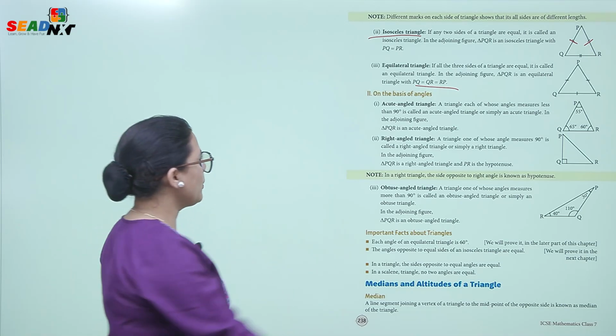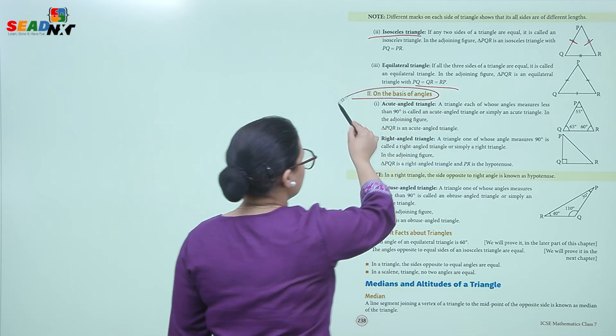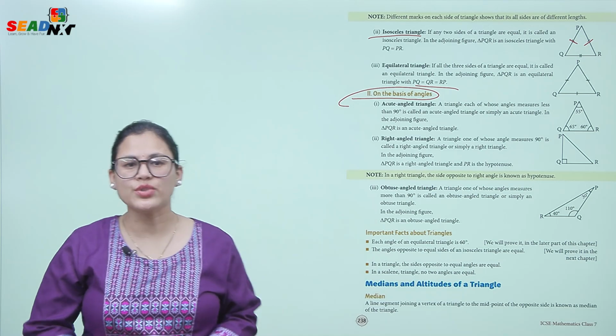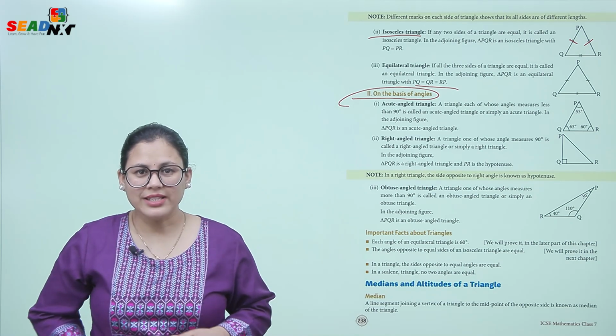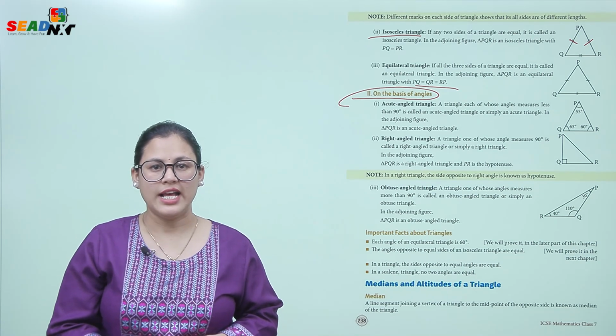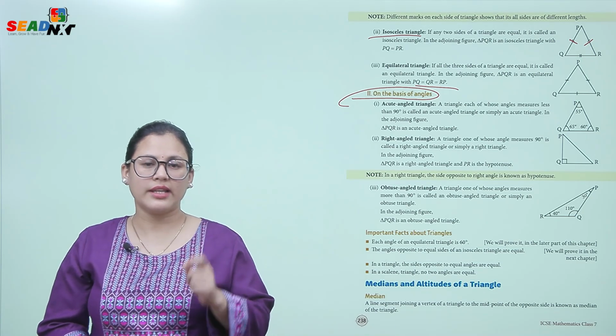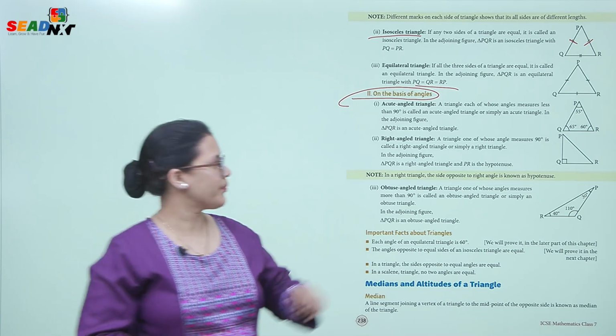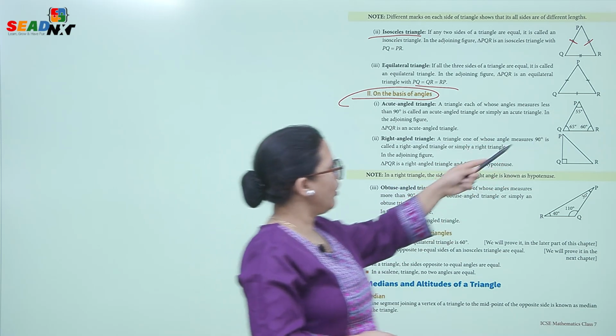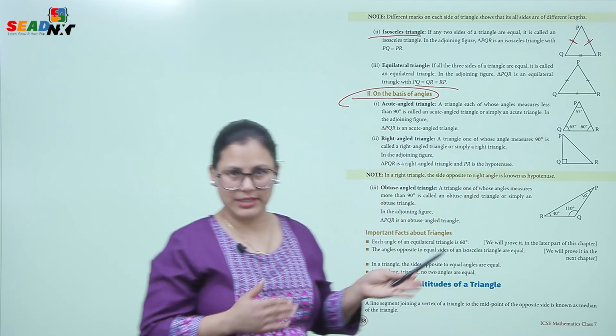Number two is on the basis of angles. Number one is acute angle triangle. A triangle each of whose angles measures less than 90 degrees is called an acute angle triangle or simply an acute triangle. In this figure, you can see all three angles are acute, meaning less than 90 degrees.